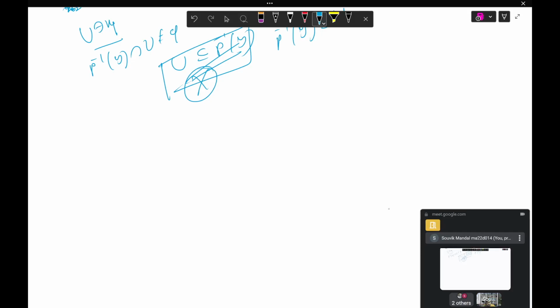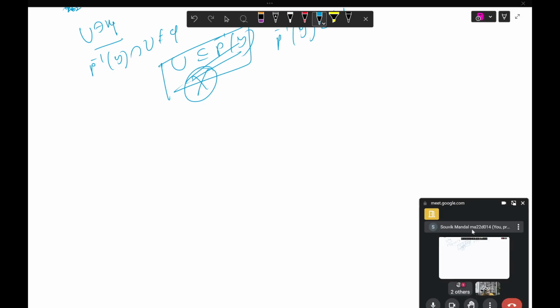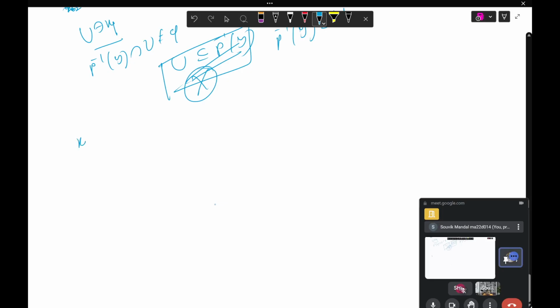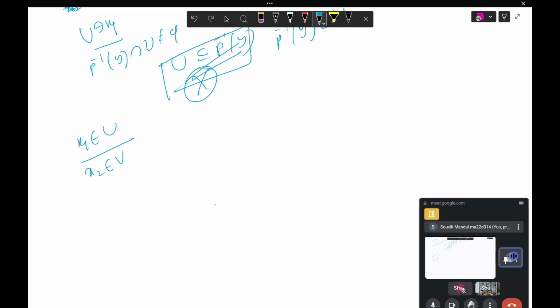If the inverse image of y1 is contained in the open set U, we use the first problem: if P from X to Y is closed, continuous and surjective, and the inverse image of a singleton y is contained in an open set U, then there exists an open set W in Y containing y such that the inverse image of W is contained in U.